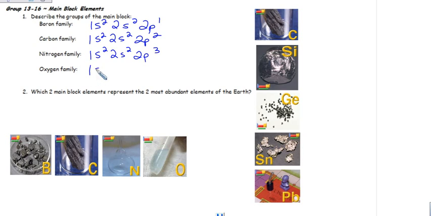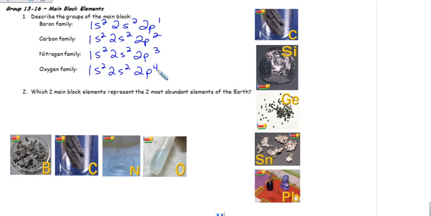And oxygen: 1s2, 2s2, 2p4. All right, so we're just starting to fill the P block. And obviously elements like aluminum, silicon, phosphorus, sulfur, they'll follow similar trends.